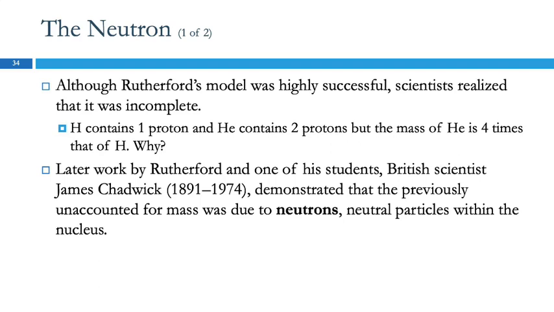But Rutherford and one of his students, James Chadwick, figured out that unaccounted for mass was due to neutrons. So these are neutral particles. Neutrons are neutral, protons are positive. So these are neutral particles that are inside of the nucleus as well.